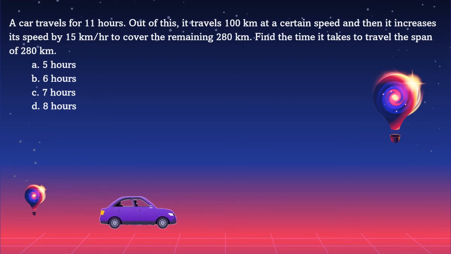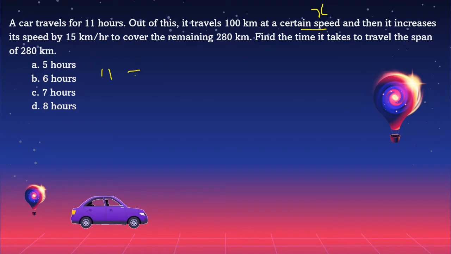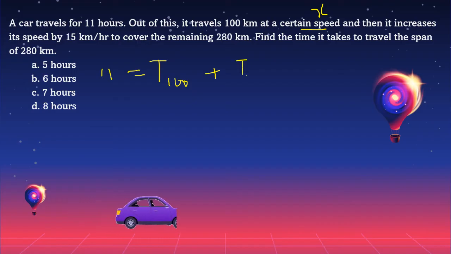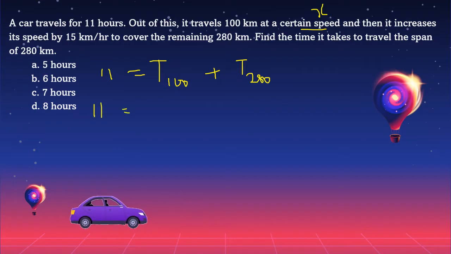So here, let's take the certain speed as X kilometers per hour, and you have been given the total time, which is 11 hours. This 11 hours is nothing else but the time taken for the car to travel 100 kilometers plus the time taken to travel 280 kilometers. If you're going to derive an equation, or solve by the conventional method: speed is equal to distance by time, and time will be equal to distance by speed.